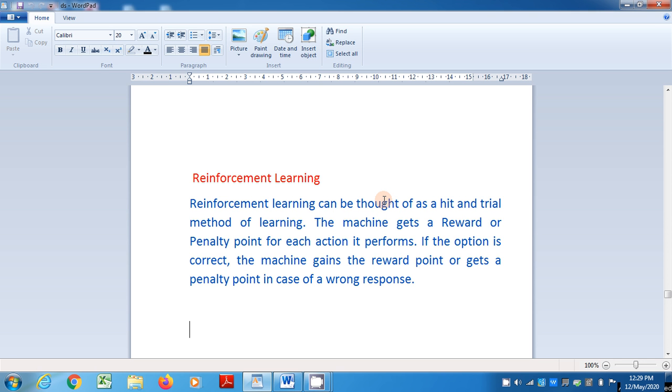When it gets the reward points, it will consider that the decision it made is correct. And if there is a penalty point, the machine learns from the past experience that the decision it made was wrong, so in future it should not make such decisions.